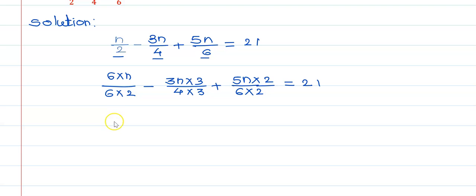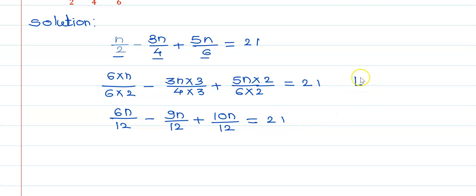After multiplication, here you will get 6n upon 12 minus 9n upon 12 plus 10n upon 12, and that's equal to 21.